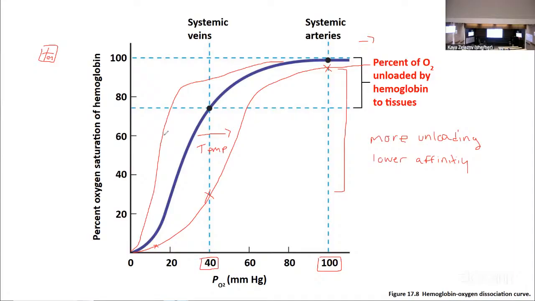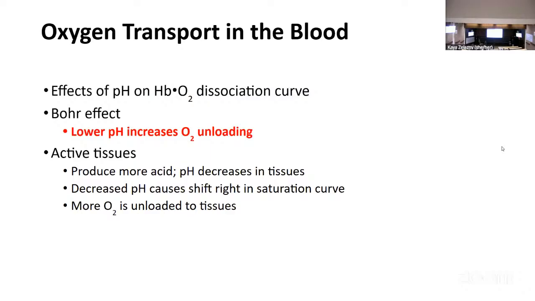You can think of examples for yourself for the others. I really just think about what is the rightward shift and then think of the opposite thing for our leftward shifts. Okay. So conceptually, that's how we're looking at these things when we're looking at these hemoglobin oxygen dissociation curves and how they're affecting our oxygen transport in the blood.